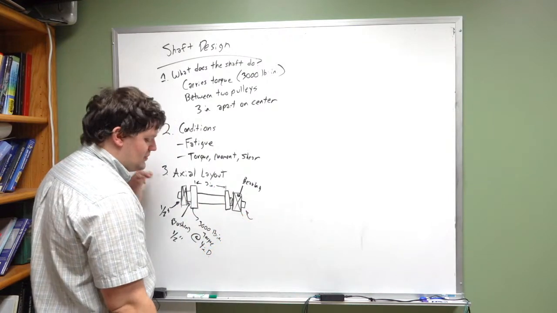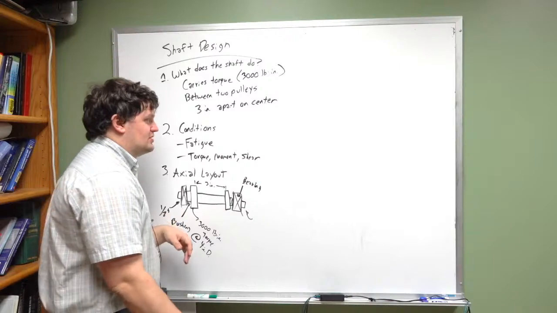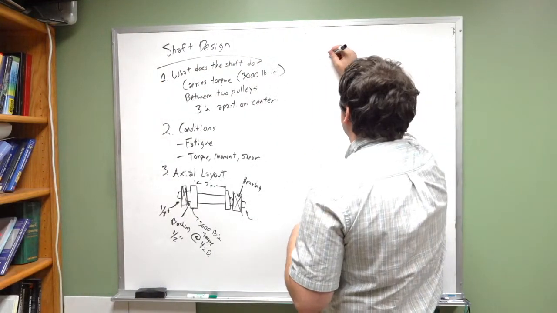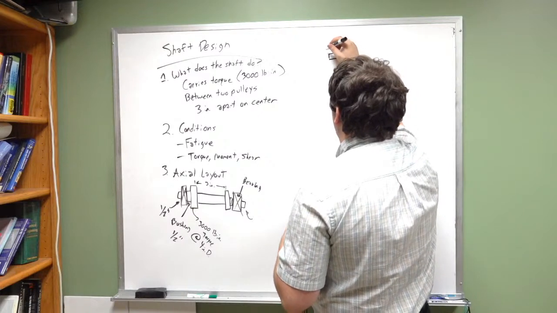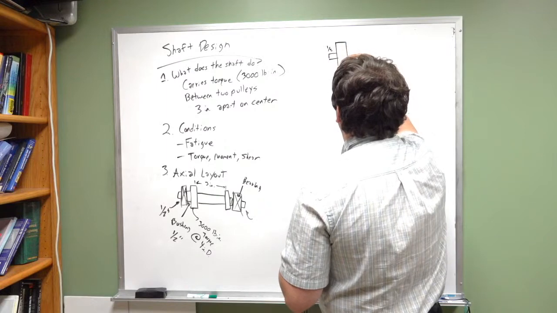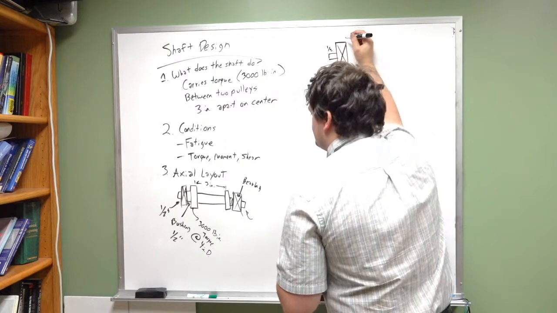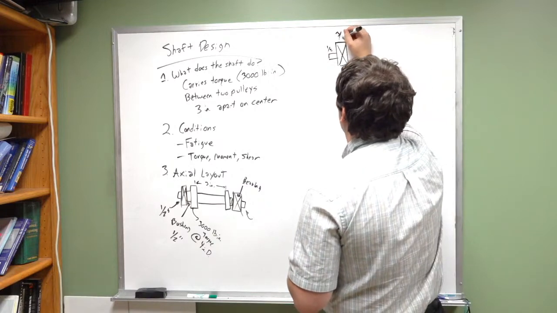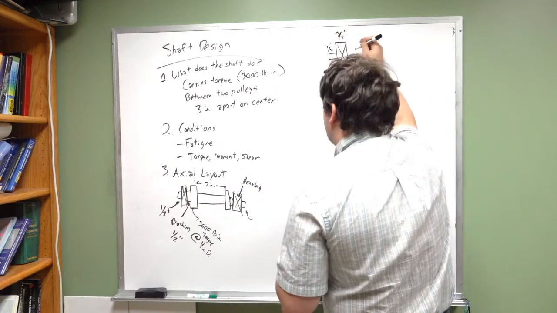Okay. So the overall layout, if I was going to design this and just start labeling it, is I'm going to say this diameter doesn't matter, but it's 1/2 inch, and then we have the bearing, and we'll say maybe this bearing takes 3/4 of an inch, and then we've got a bushing.